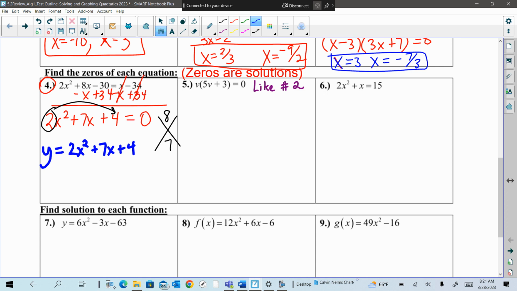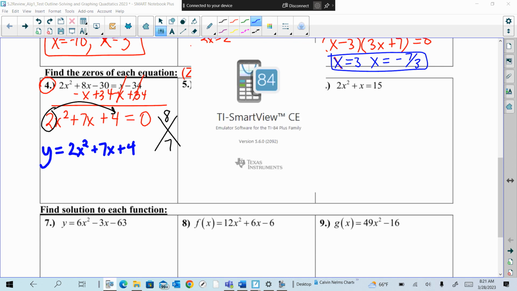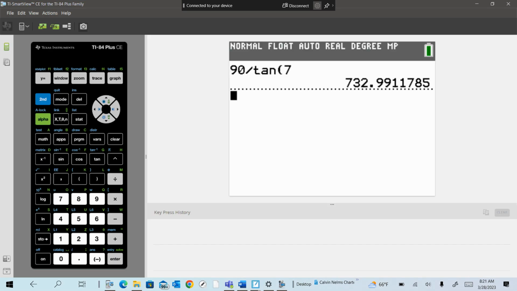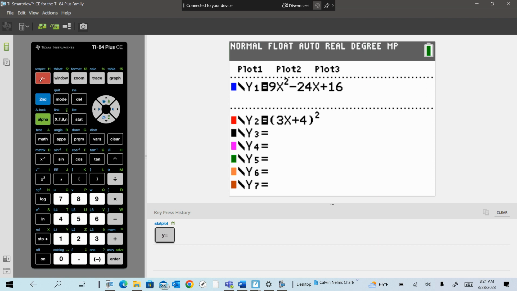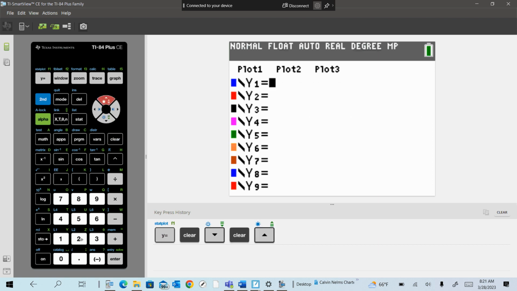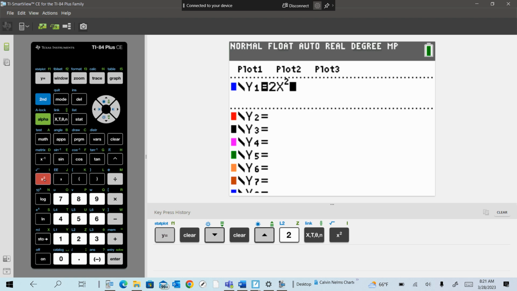So go to your calculator and hit that y button, and let's type in the trinomial. Y equals, let me clear these out. We have 2x squared plus 7x plus 4.